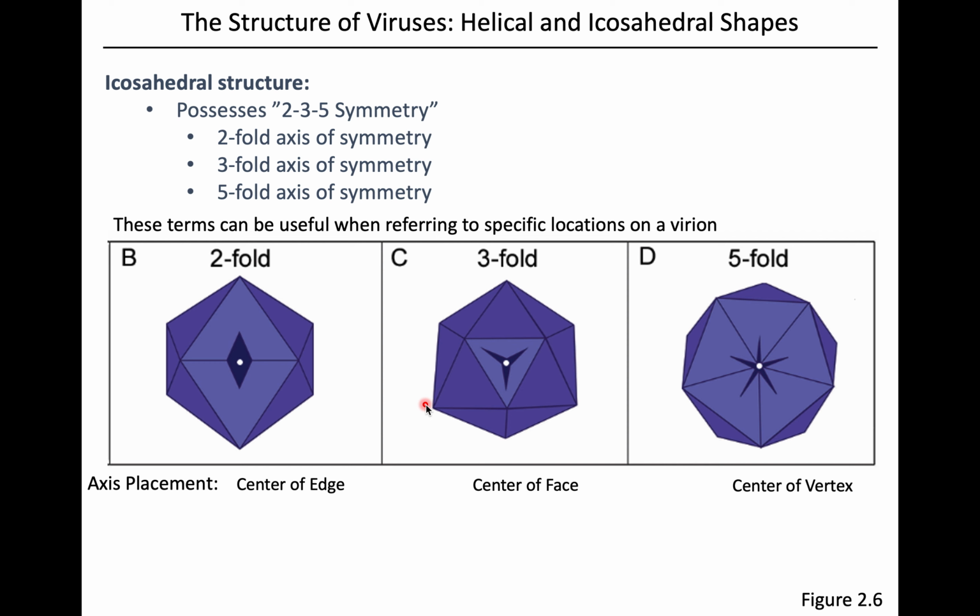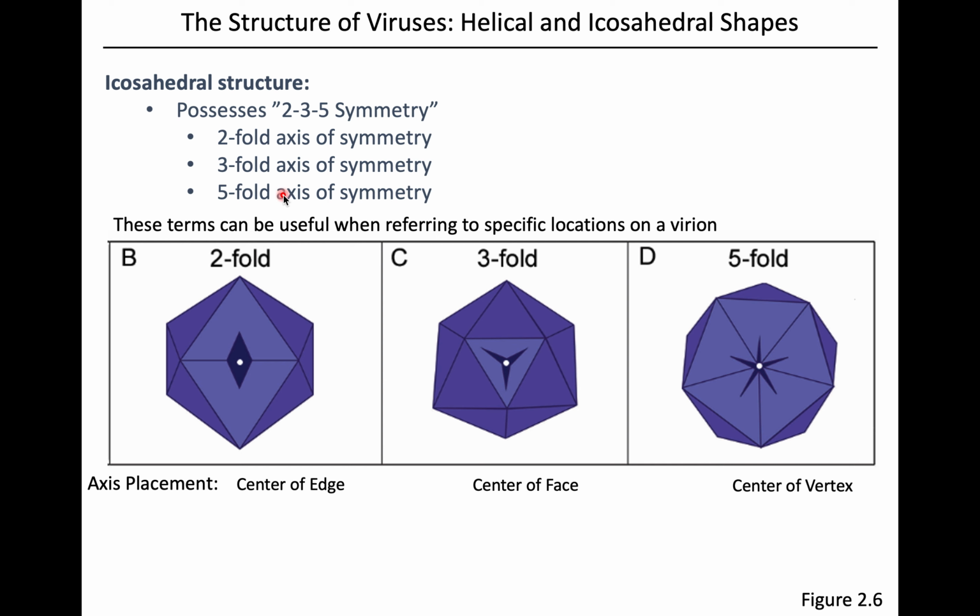In relation to that, you'll see these terms thrown out as we go through future chapters, especially when they're talking about the location of specific proteins on the surface of a virion. They might say, oh yeah, that protein has twofold axis of symmetry, or threefold, or fivefold.